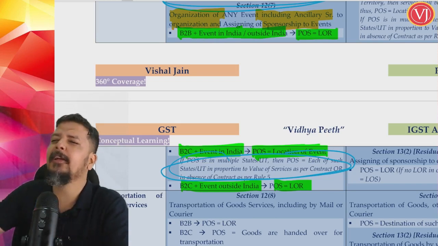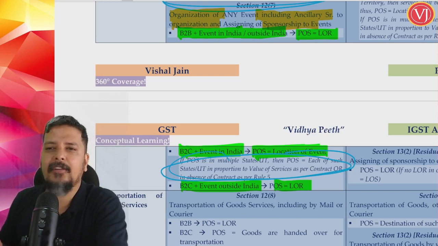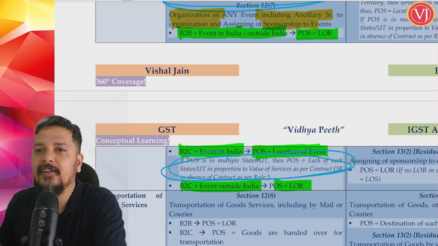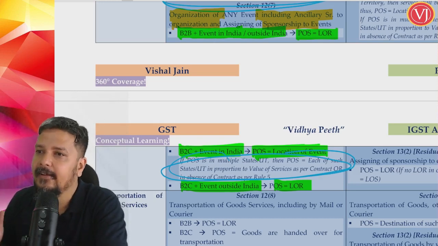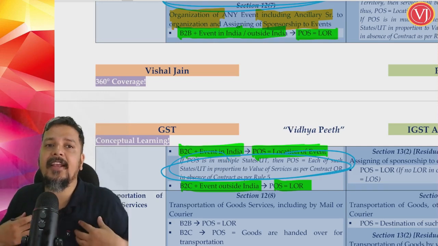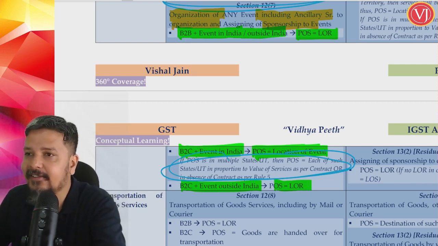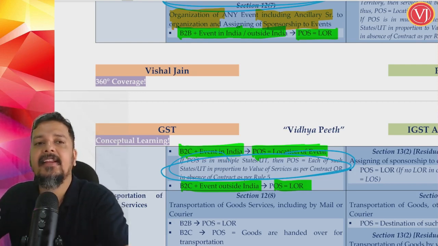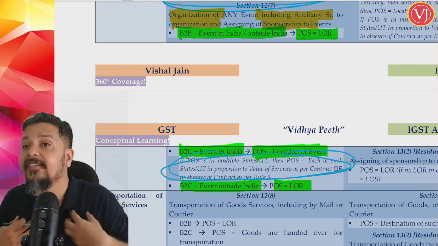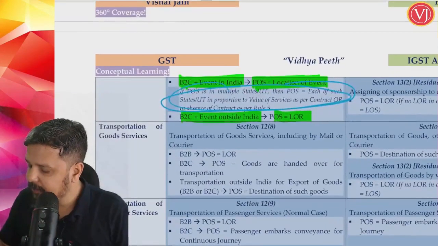If it is B2B, don't worry. You need not worry whether the event is in India or outside India, it is the location of the recipient, to give the benefit of ITC. If it is B2C and the location is in India, it is the location of the event, and if it is multiple states, say I am organizing an event for my client who is not registered, and the event is happening in multiple states, then they give a solution for me as an organizer: split the answer based on contract.